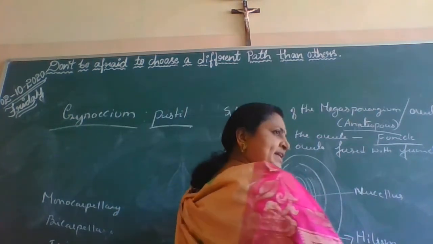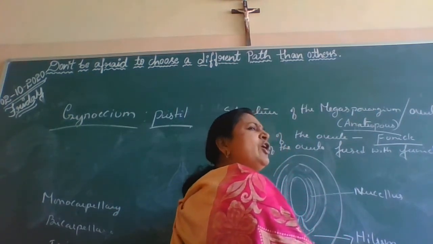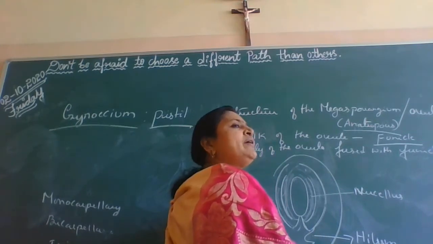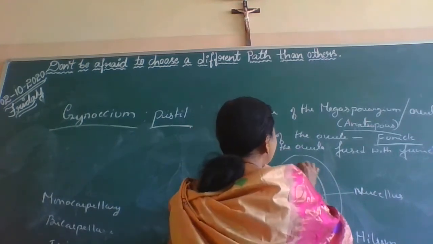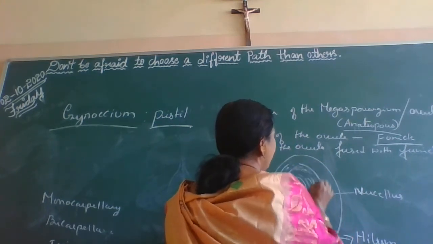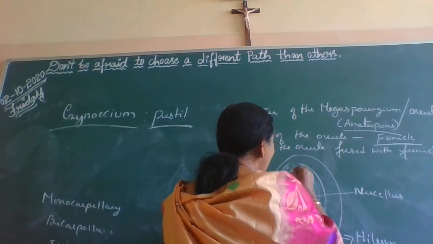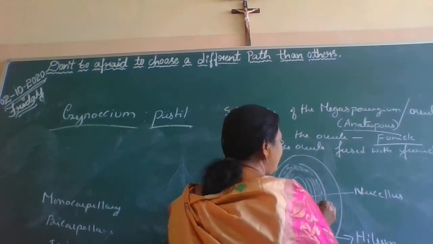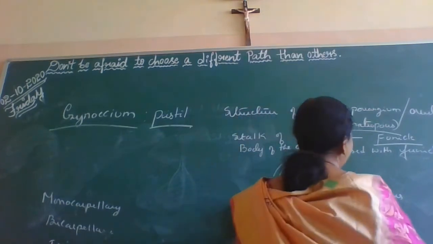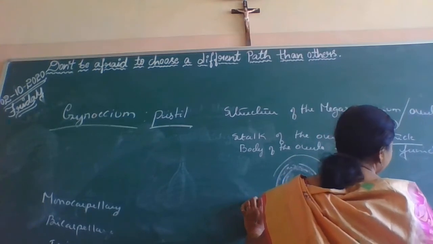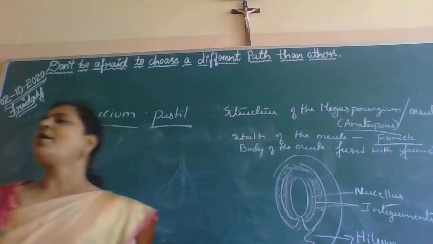Now, so this nucellus is protected by two protective wall layers. This whole thing is called as what? This nucellus. This is protected by what now? The protective wall layers called as integuments. What are integuments?